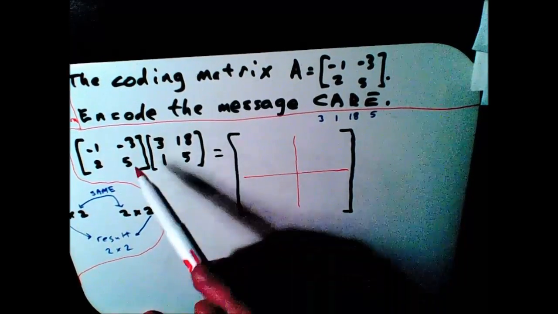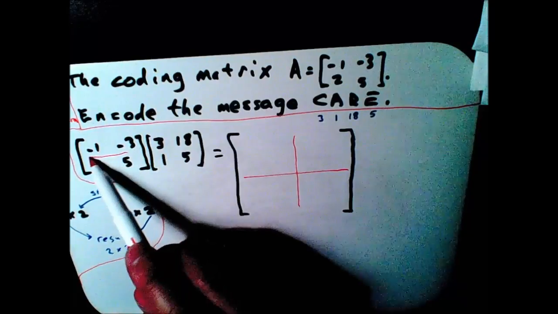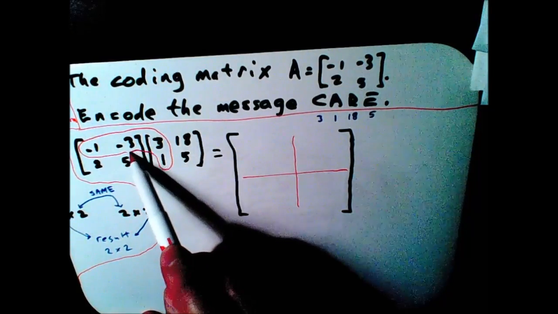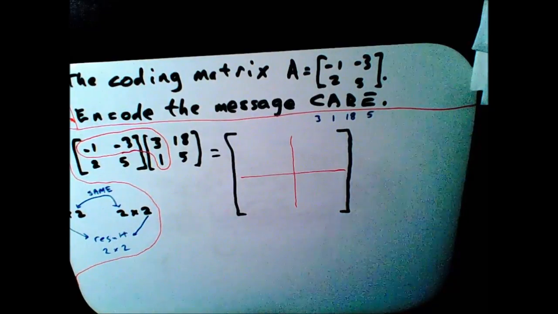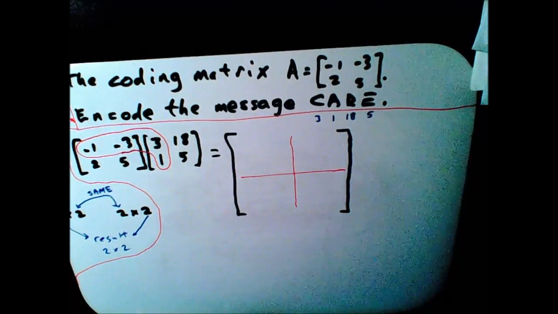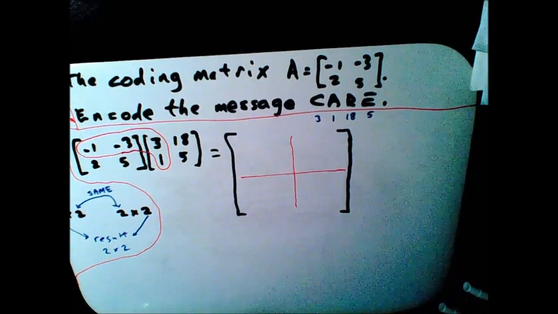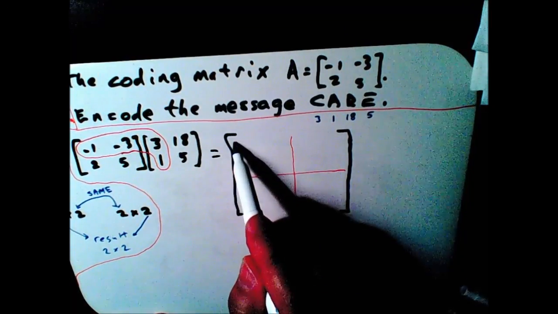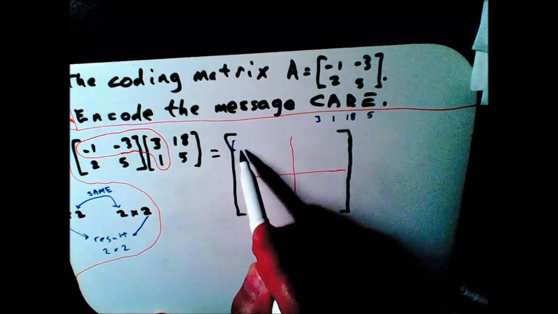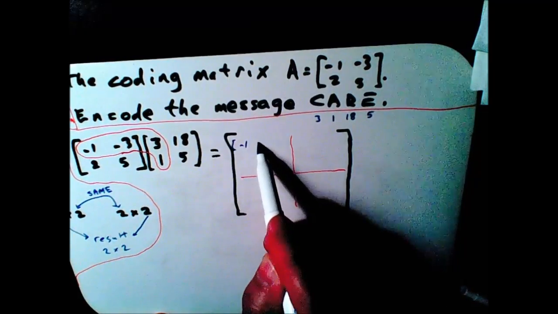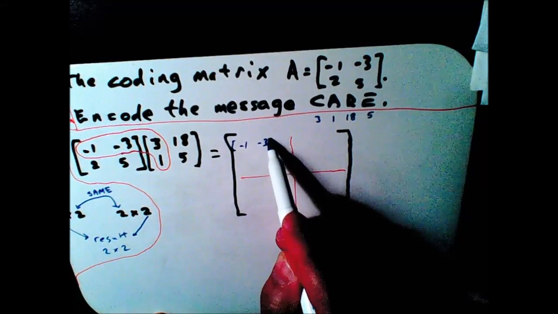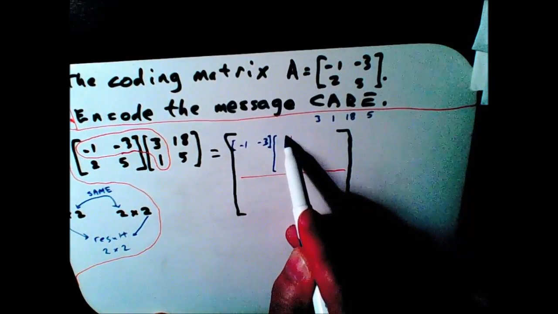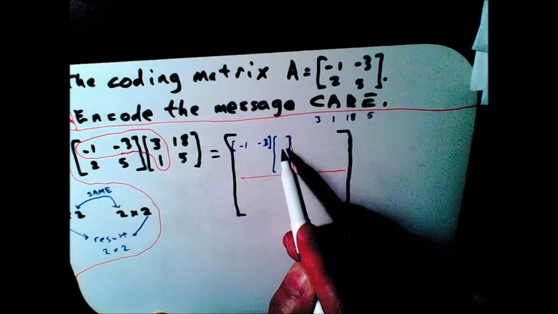And I always like to draw this circle, to abuse the word circle, to let me know what is supposed to go into row 1, column 1. And so to get row 1, column 1, we're going to multiply row 1 of the first matrix, -1, -3, by column 1 of the second matrix, 3, 1.